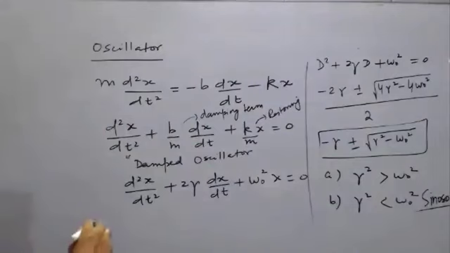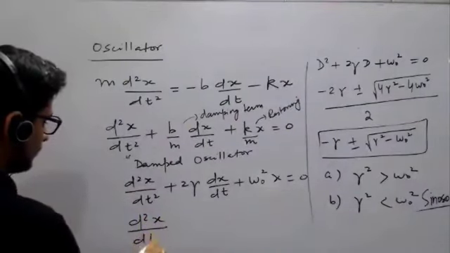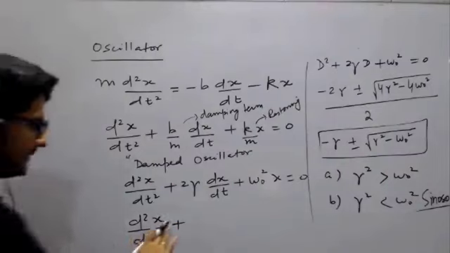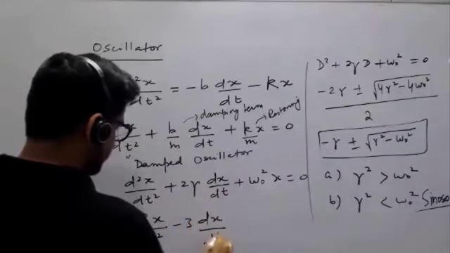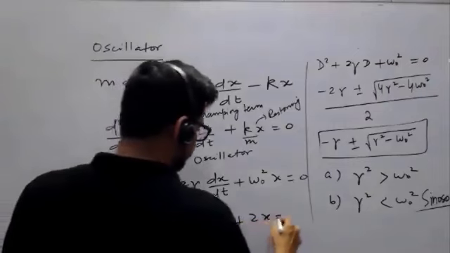Suppose I write an equation like this: d²x/dt² minus 3 dx/dt plus 2x is equal to 0.